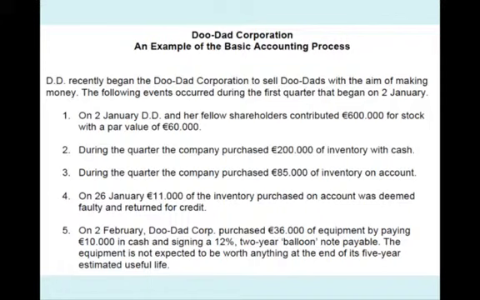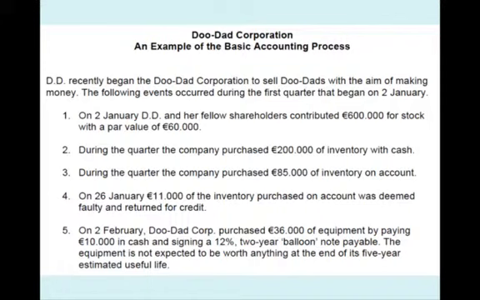Number two, during the quarter, the company purchased €200,000 of inventory with cash. Number three, during the quarter, the company purchased €85,000 of inventory on account. That means we're going to pay later.